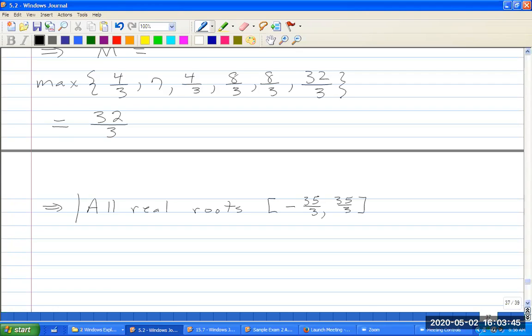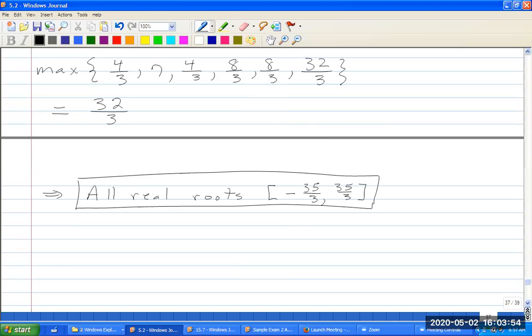And that is the Cauchy bound for my polynomial. Okay, good.